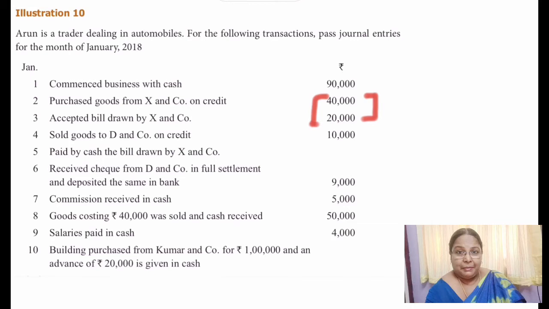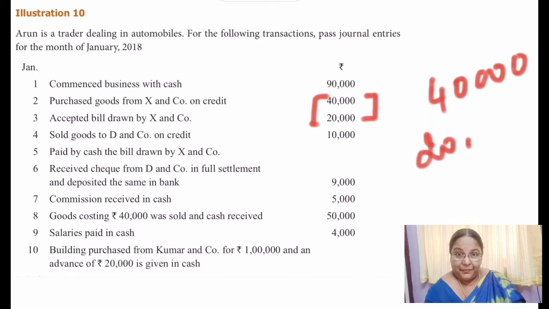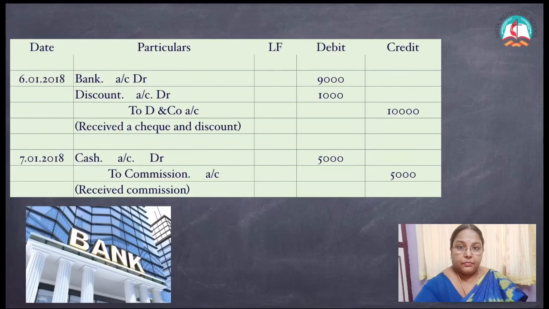Bills payable made. Is that clear? Purchased for 40,000, prepared a bill for 20,000, and then the bills payable is also being paid. Is that clear? You are able to understand?